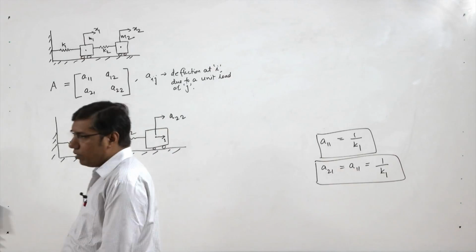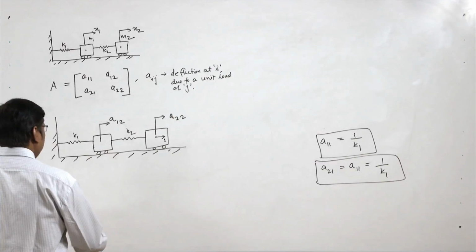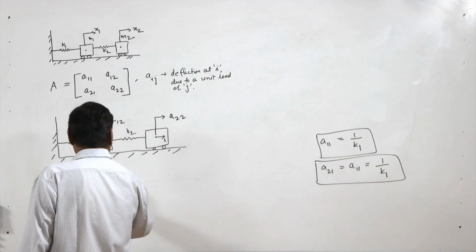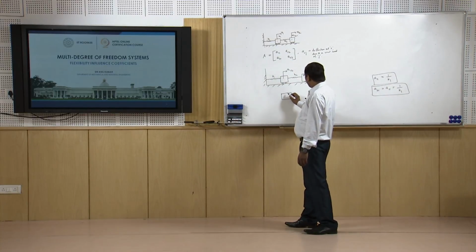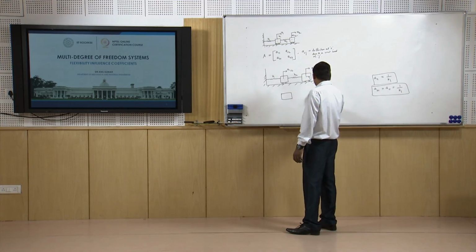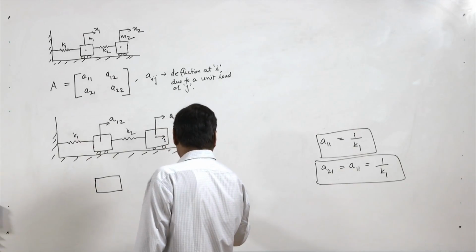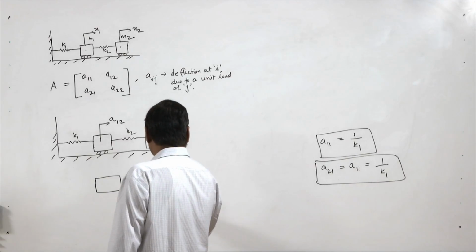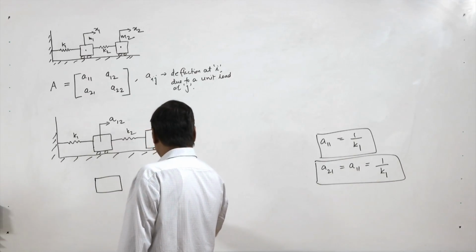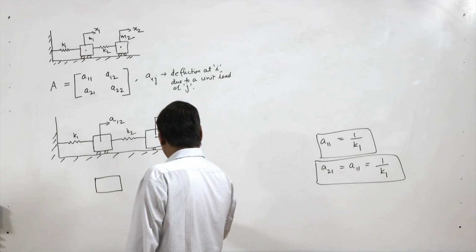Now we make the free body diagram of this load system. So we will have this first mass, and this is the second mass. On the second mass we have this unit load plus this spring force, so we will have this spring force K2 into (A22 minus A12).